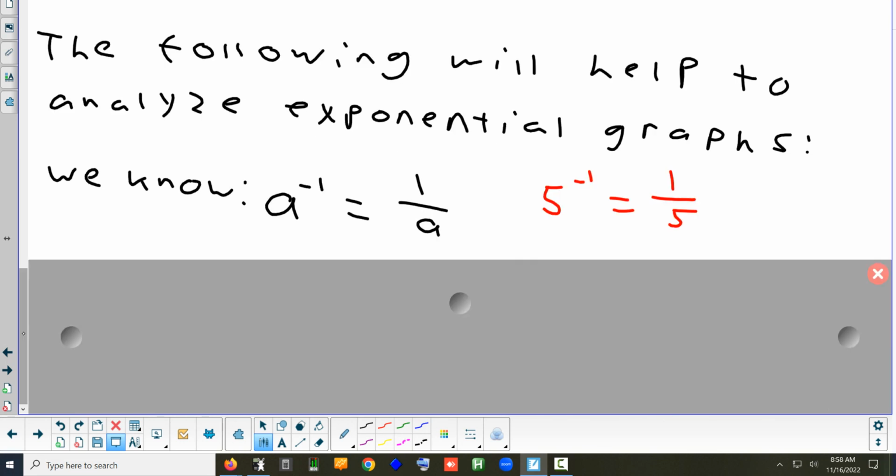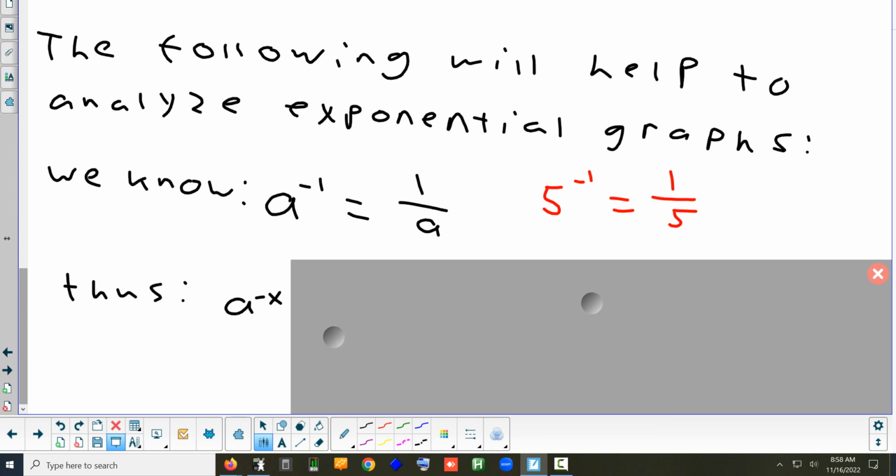So I want to use this to figure out how we could rewrite something that looks like it's exponential, but has a negative in the exponent, which kind of messes it up. I'm going to show you how to get rid of the negative.